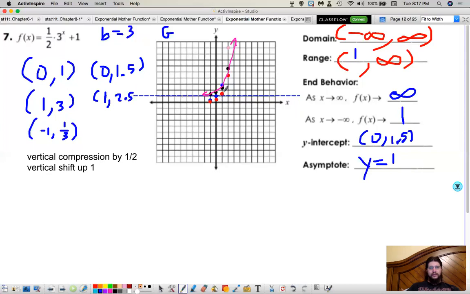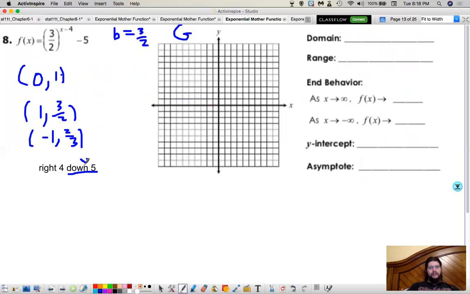That's this guy right here. And then 1/2 of a third is a sixth, plus 1 is 1 1/6, or 7/6, which is right above that line of 1. So you could actually do it over here just by manipulating the y values.